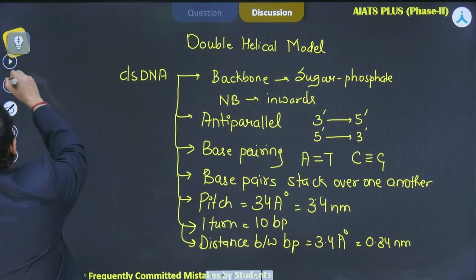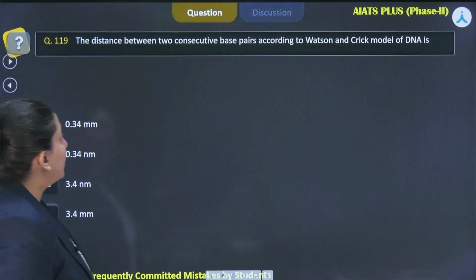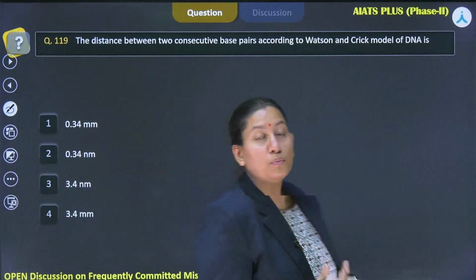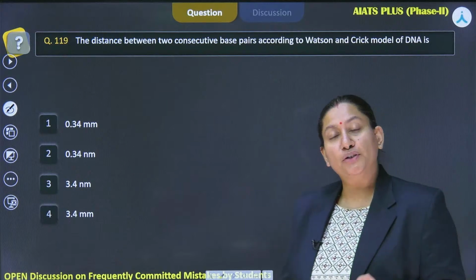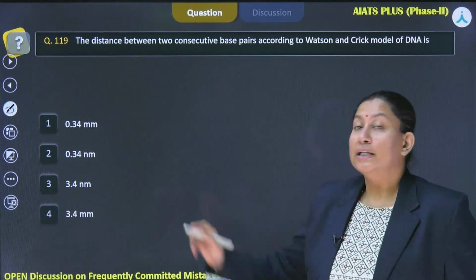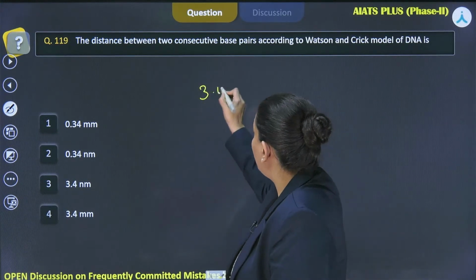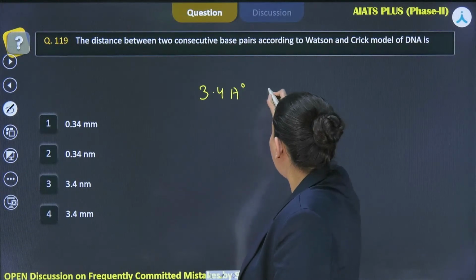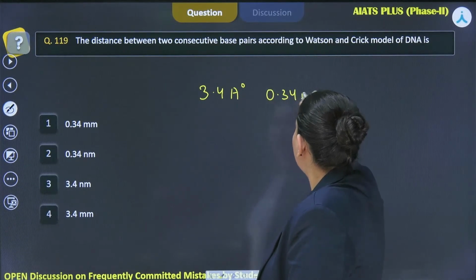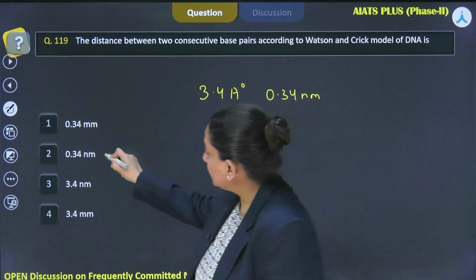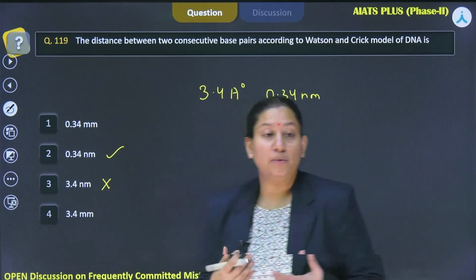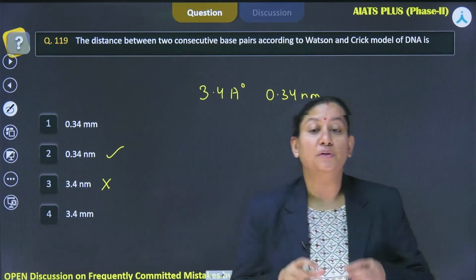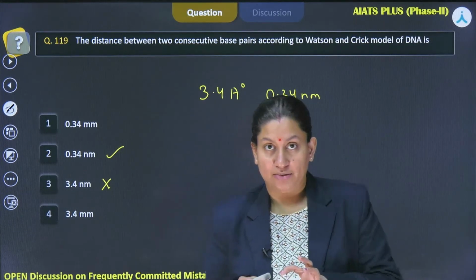So now with this information, if we get back and identify, they are asking what will be the distance between two consecutive base pairs, right? According to this model, it was 3.4 angstrom or 0.34 nanometer, which is correctly depicted in option 2. This one is incorrect, 3.4 nanometer. Usually we often get confused between angstrom and nanometers, right?